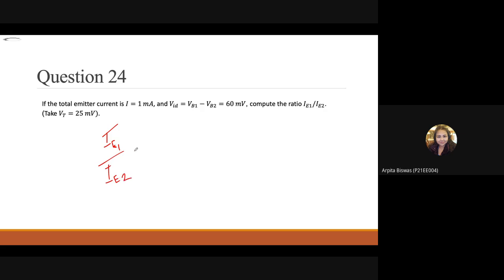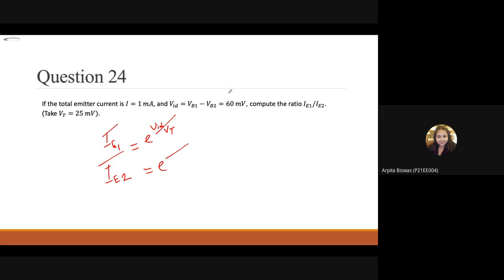Tell me, can we write IE1 by IE2 equal to e to the power VID by VT? Just put this value, e to the power. Tell me the value of the VID.